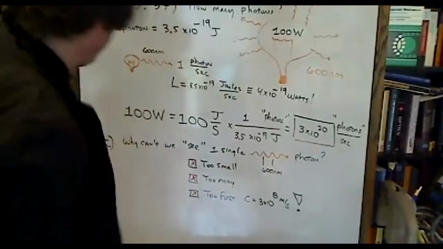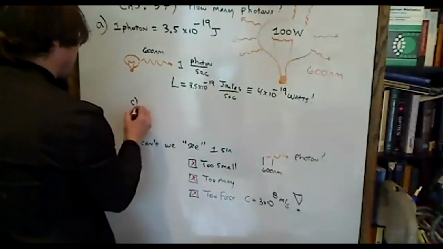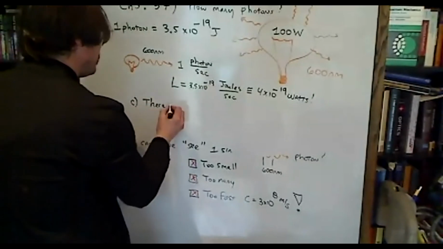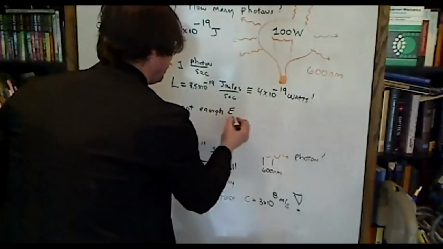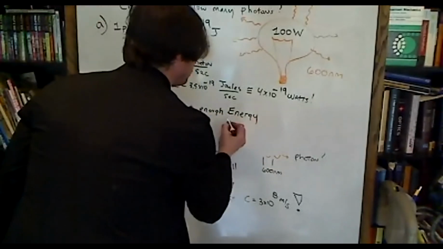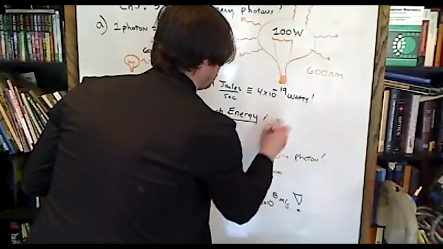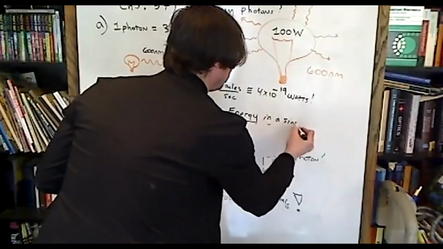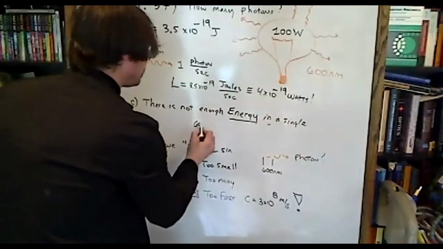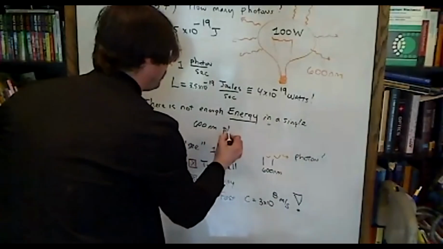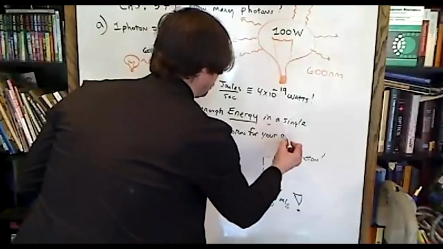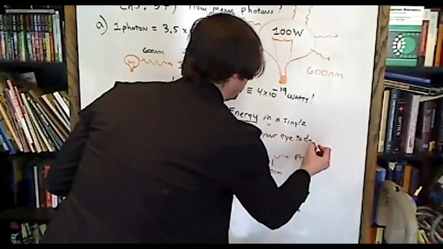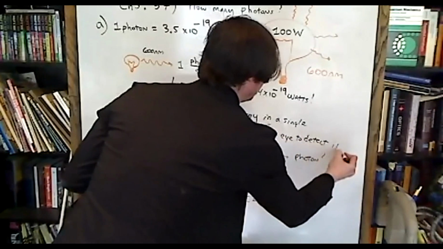So let's get our answer down, and then we're done with our homework and all the week's work. Part C is there is not enough energy in a single 600 nanometer photon for your eye to detect it.